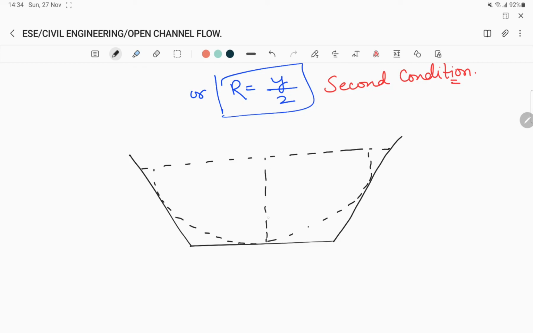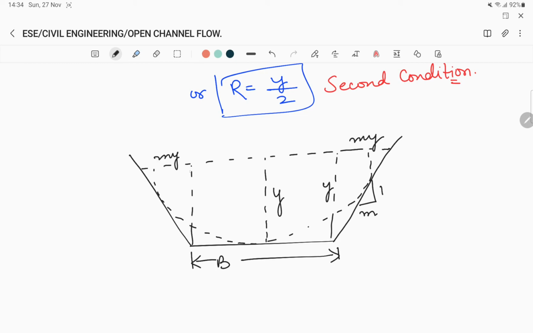This is the depth of flow y, this is base width b, the slope here is 1 vertical to m horizontal, and if we extend, this is y, then this will be my.